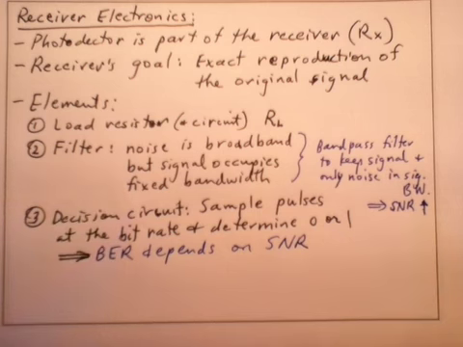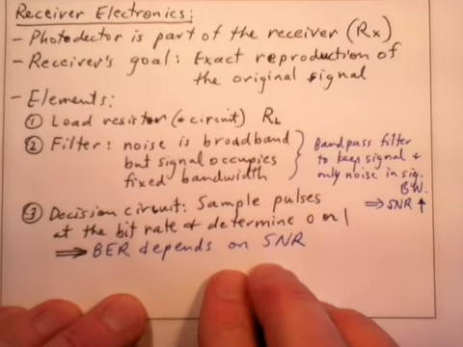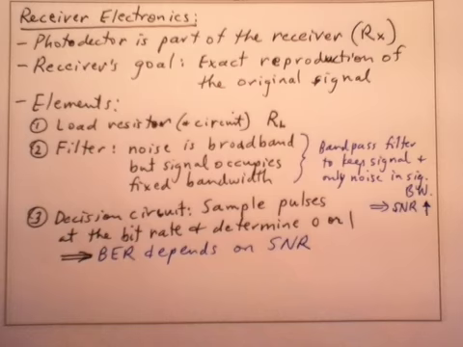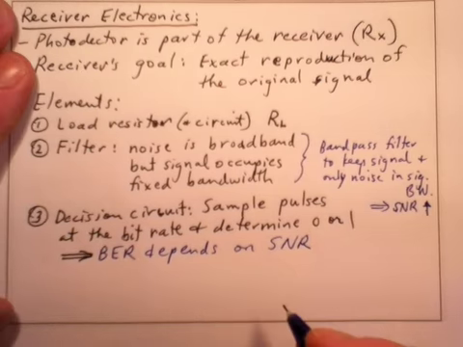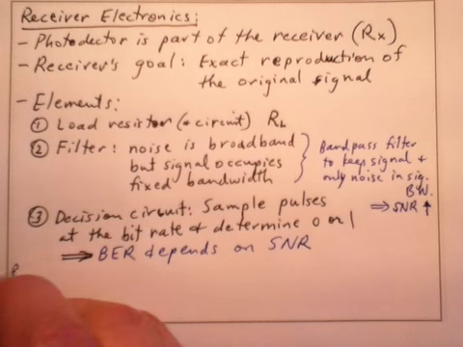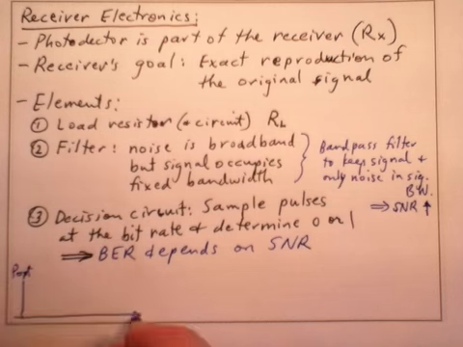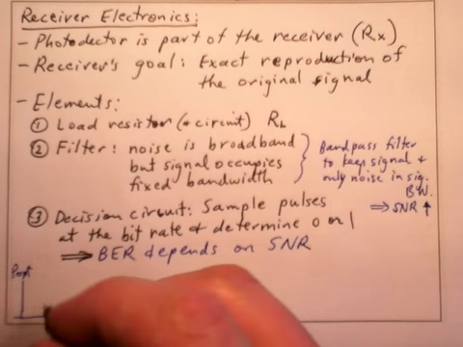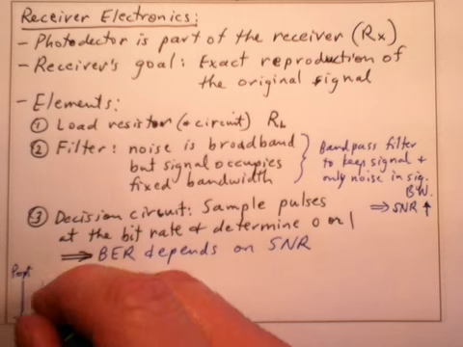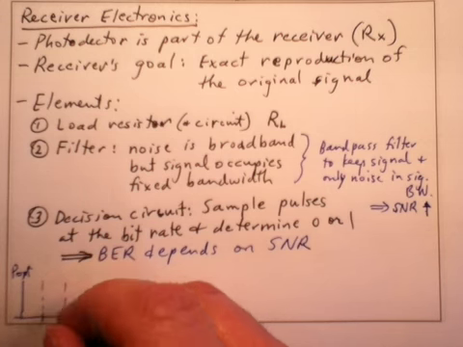The other thing we've got to do at the receiver is figure out whether we're looking at a 0 or a 1. The light is turning on and off, and so we're going to get some sort of optical power as a function of time that goes up and down, according to the bit periods of the signal.